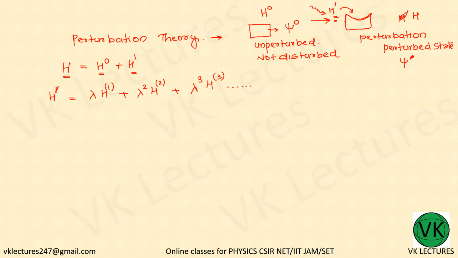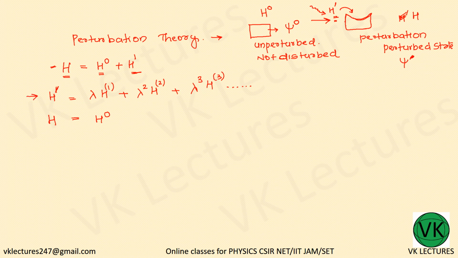Now we can write the total Hamiltonian H, as we have written earlier: H is equal to H naught, the initial Hamiltonian, plus H dash. What is H dash?